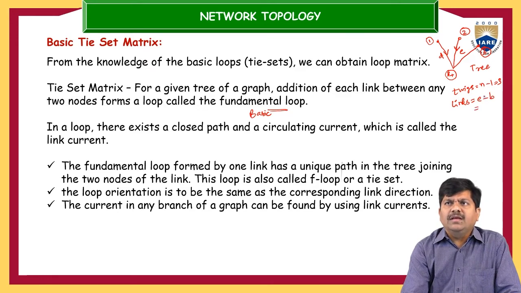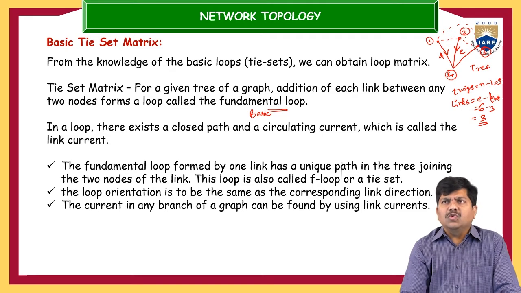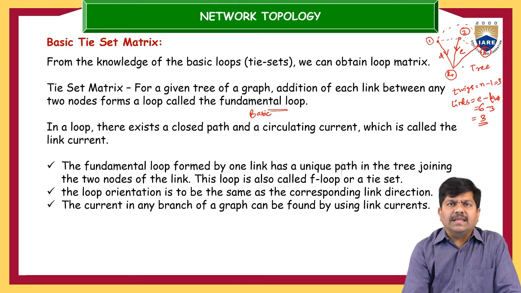The total number of elements is 6, and the number of branches, the twigs, is 3. So we get 3 links, which can be represented with discontinuous lines. So this could be a link. There are 3 links.